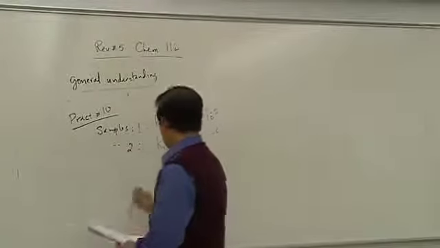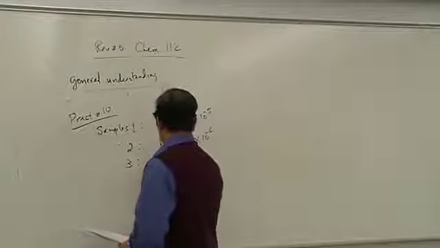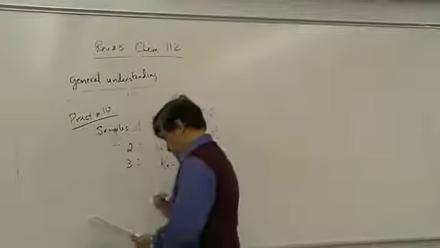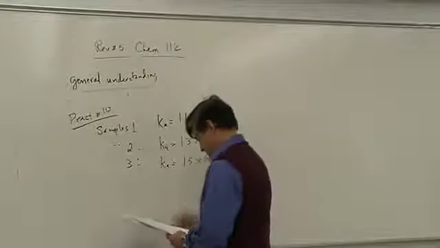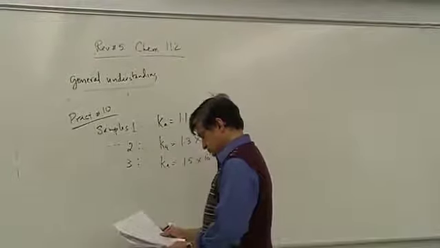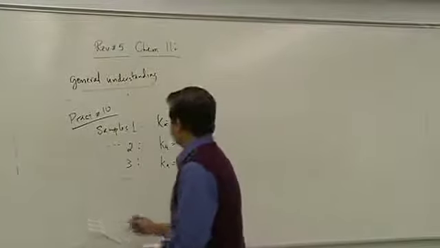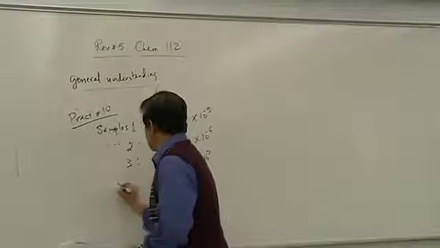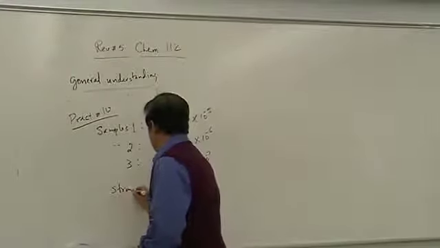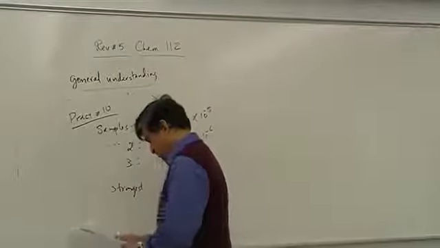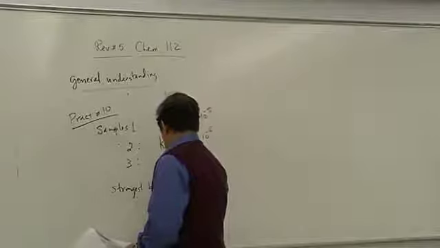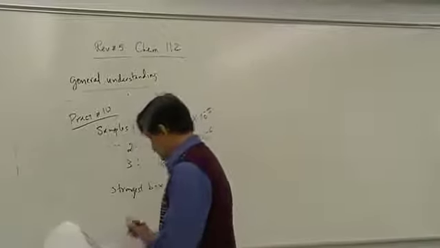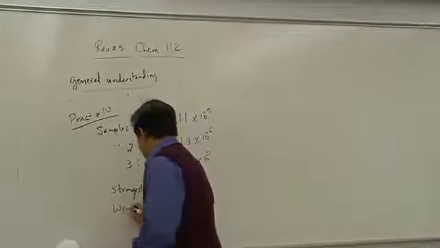And sample 3 has Ka equals 1.5 times 10 to the negative 7. So the question would be the following. Which one is the strongest base? And which is the weakest base?